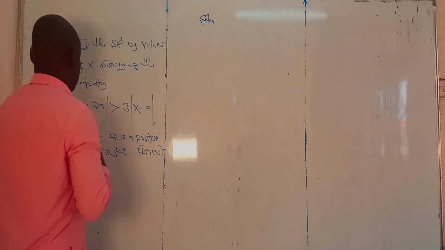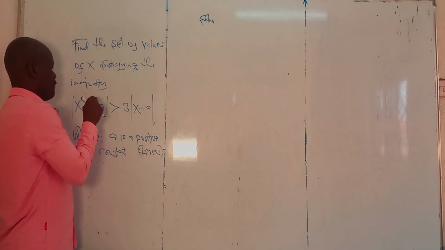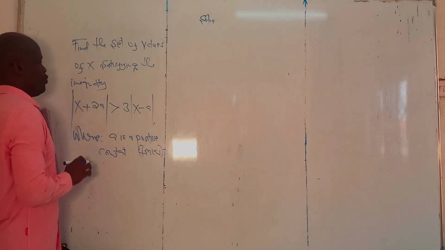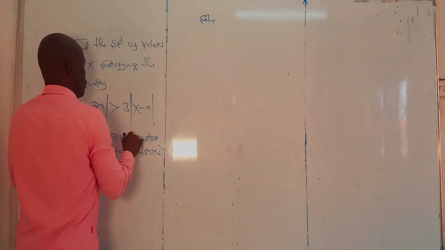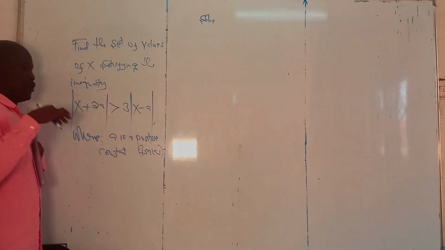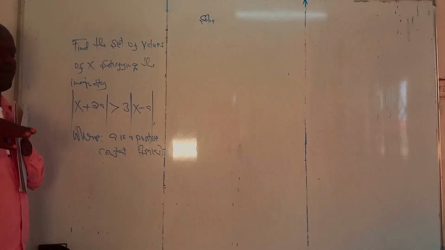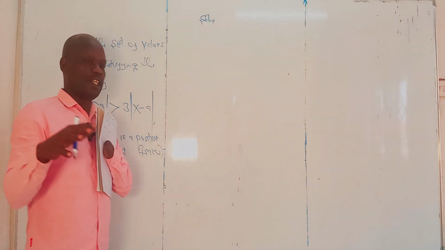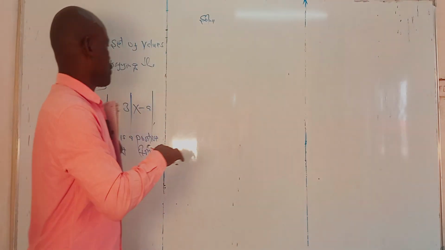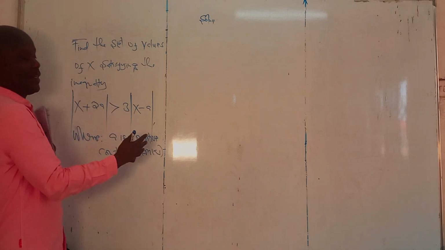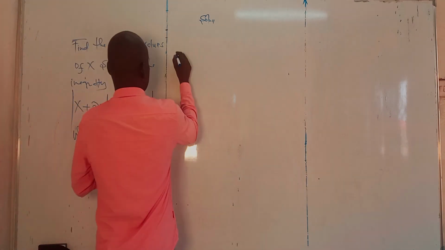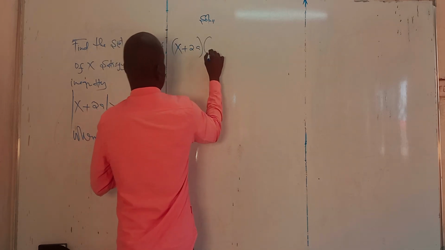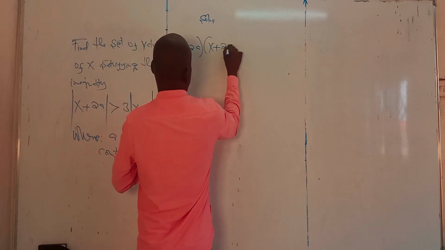The first step is to expand, because when you have these two bars around a value, it's simply conditioning you to consider only positive values of that operation. So to ensure that we are dealing with just the positive values, we are going to square this end and also square that end. First I'll square this end, which is x plus 2a times x plus 2a.